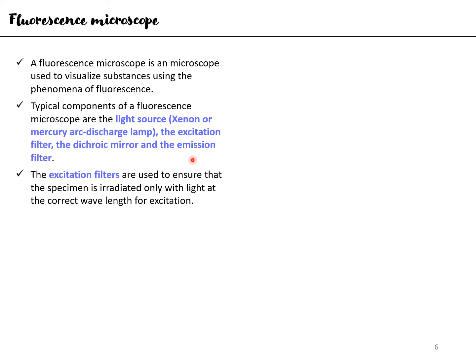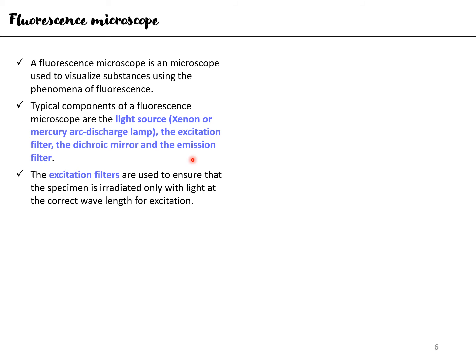Now, why go through this trouble at all? Even if all of the wavelengths are irradiating your fluorophore, it will only absorb the specific wavelength that it requires, and it will simply ignore the rest. But then why do we filter out the rest of the wavelengths?